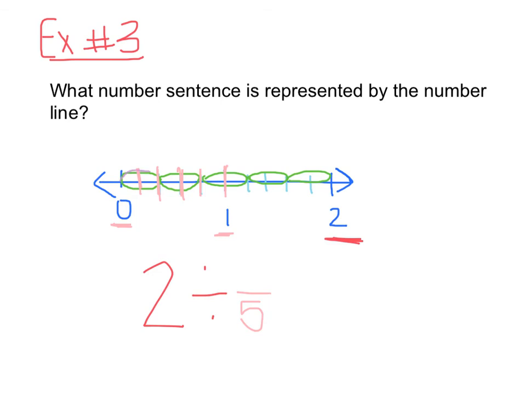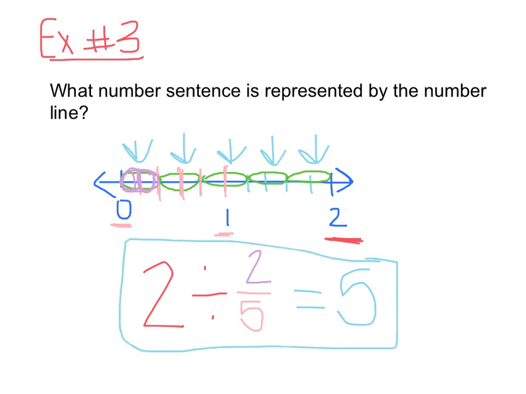So here's my whole green circle, and it's covering 1, 2 sections. So that is my numerator. Then the last part for my answer is how many green circles I have. So 1, 2, 3, 4, 5. So that's my number sentence. 2 divided by 2/5 equals 5.